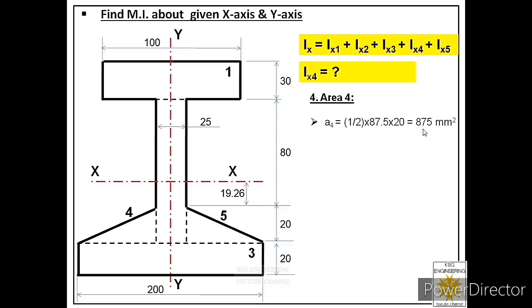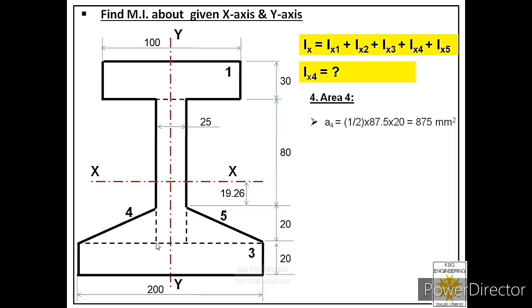Now after finding its area, the next step is we have to locate the centroid of area 4. So how can we find its centroid? We know it is a triangular area and the centroid of a triangular area lies at h by 3 from its base. In this case we have a right angle triangle. So one time we will consider this side as base and this as height.